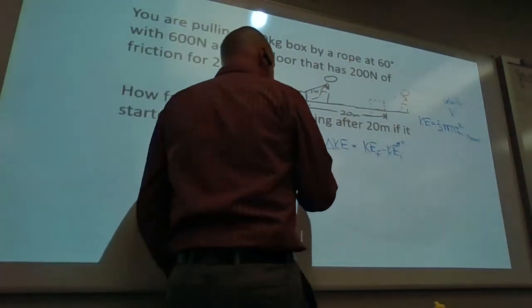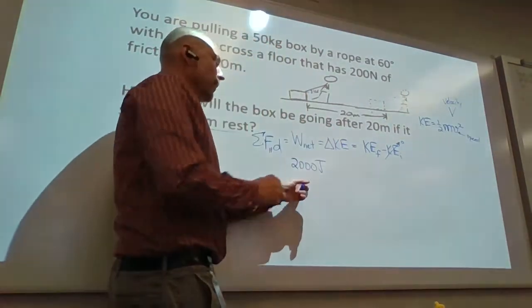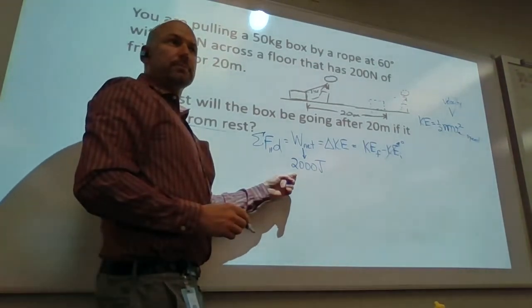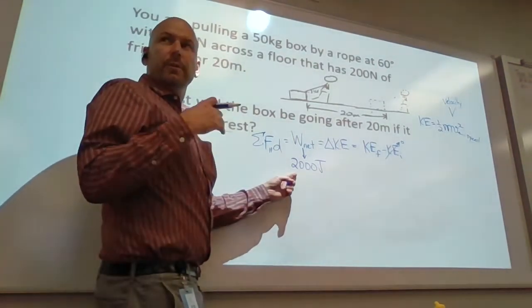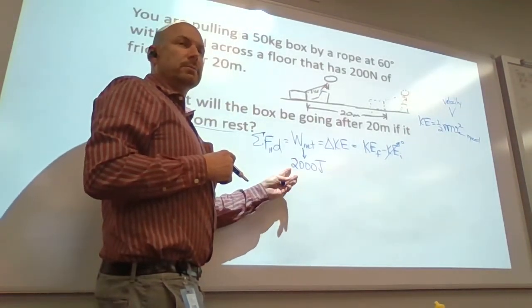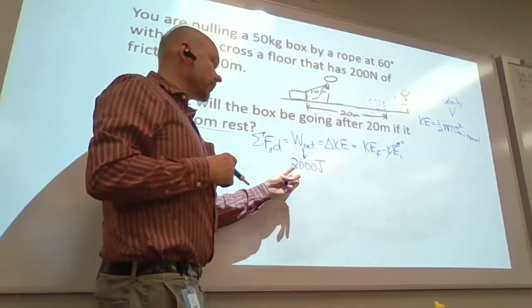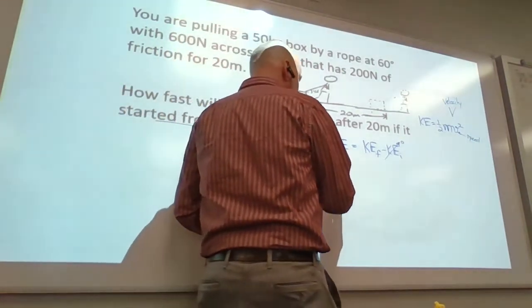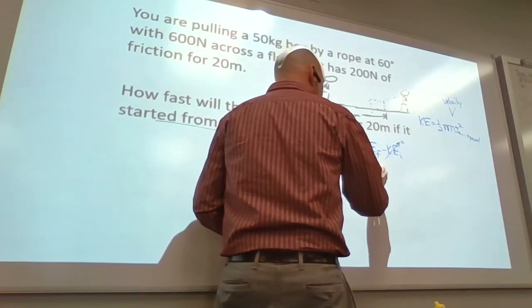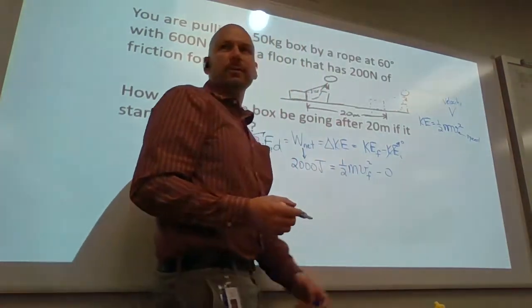Okay, so we have discerned already that the net work is equal to 2,000 joules from yesterday. 6,000 joules from tension, negative 4,000 joules of work by friction. Add those together, positive 2,000 is equal to 1/2 mass times speed squared final minus 0. I mean, you don't have to put the 0. I'm just trying to teach you.